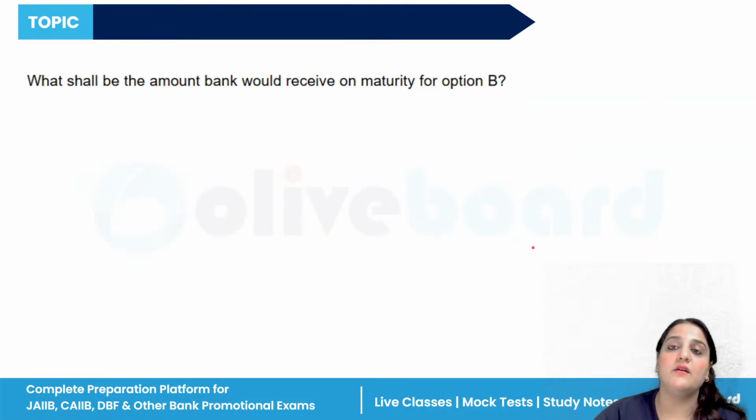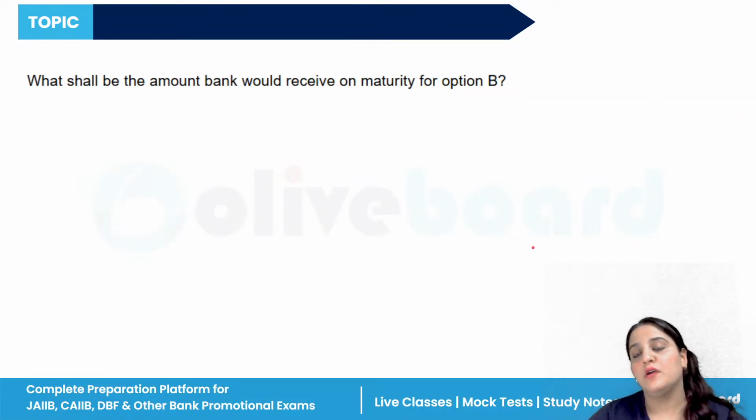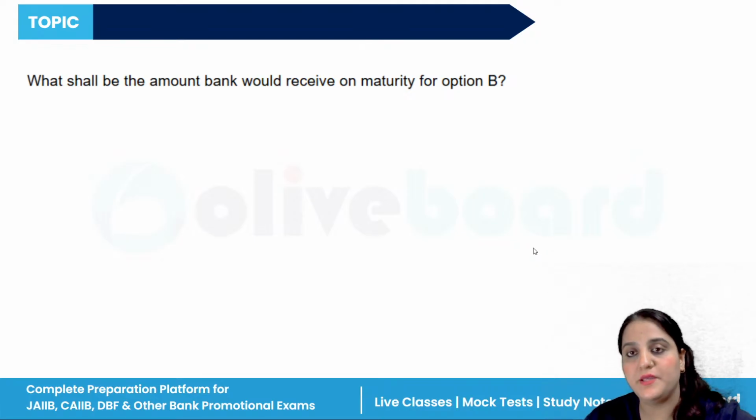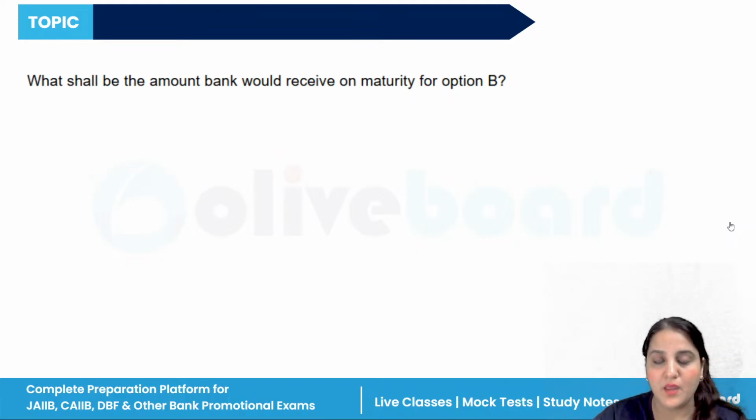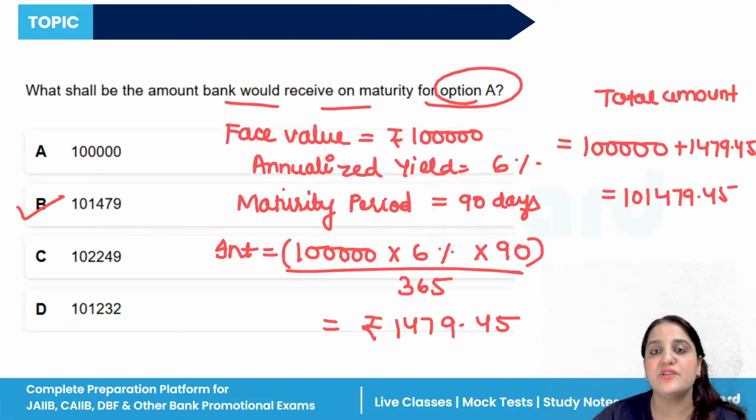Now find the amount of option B. For option B, same thing we have to follow. Face value for each treasury bill is given as 10,000.